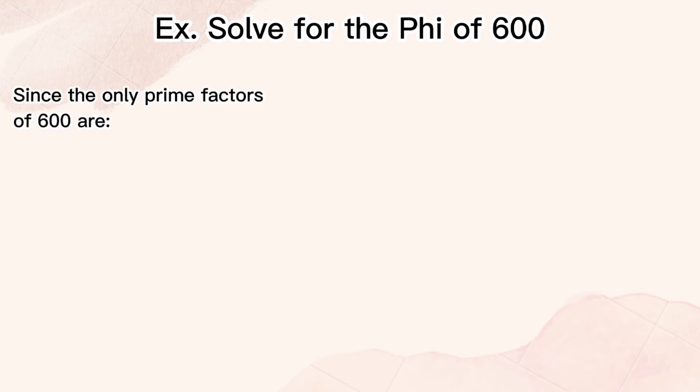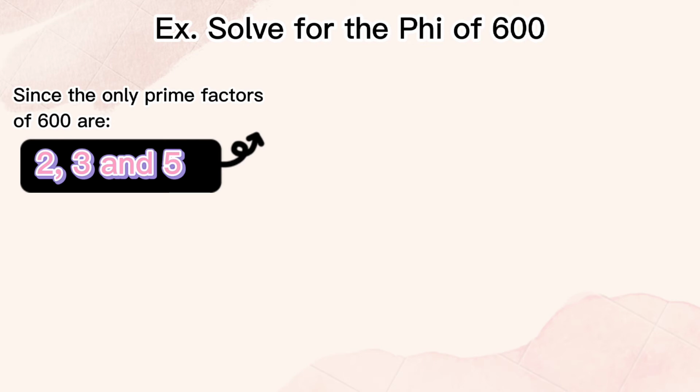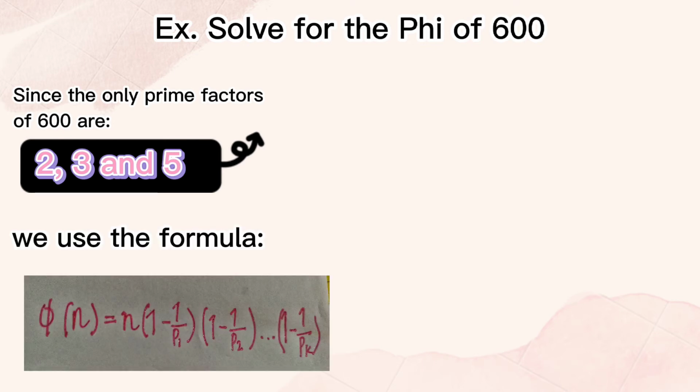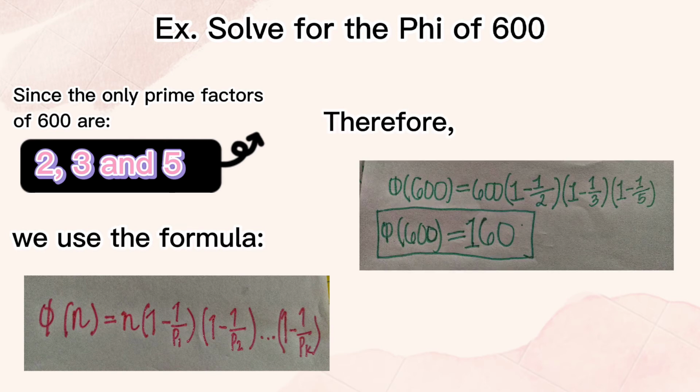Since the only prime factors of 600 are 2, 3, and 5, we use the formula phi of n is equal to n times 1 minus 1 over p sub 1 times 1 minus 1 over p sub 2, and the product continues until 1 minus 1 over p sub k. Then we substitute the prime factors of 600 in the formula and the answer is 160. Therefore, the phi of 600 is 160.